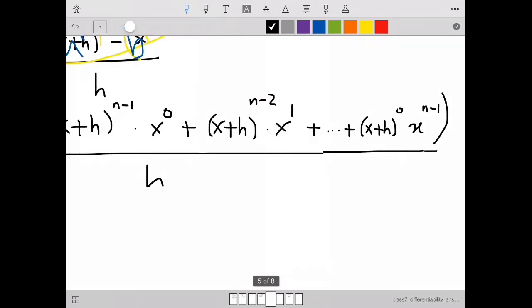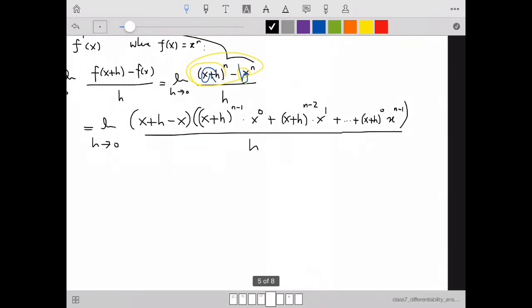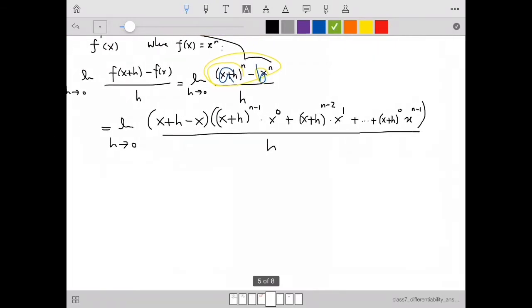So that's what we get. And in the first term, x cancels out and we get h.